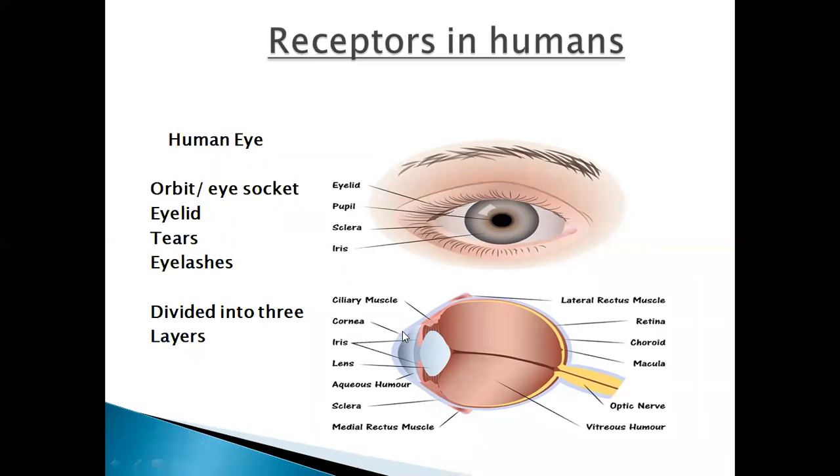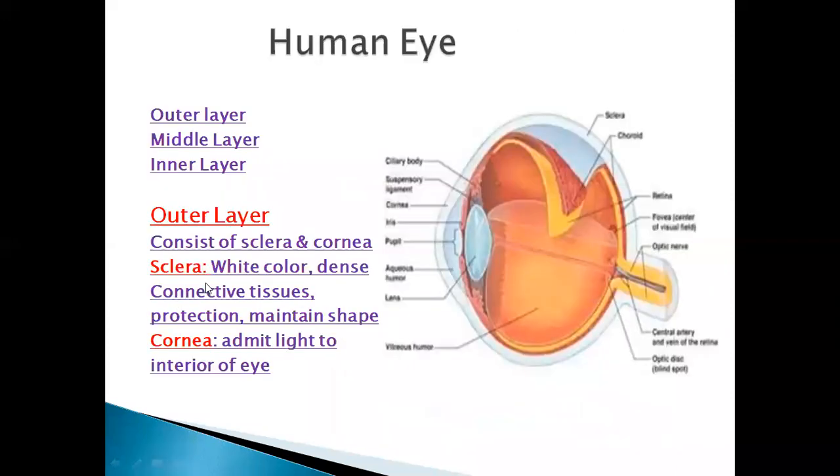And this cornea is responsible to admit the light inside of the eye. So the outer layer is made up of two parts. One is the sclera and the other one is the cornea. Sclera is a white color dense connective tissue, and the cornea is the next part to it, responsible to admit light to the interior of the eye.